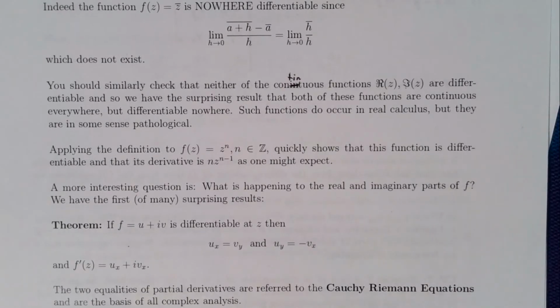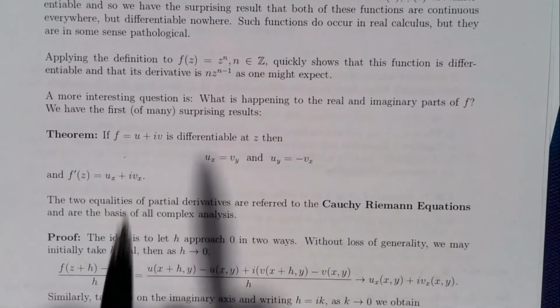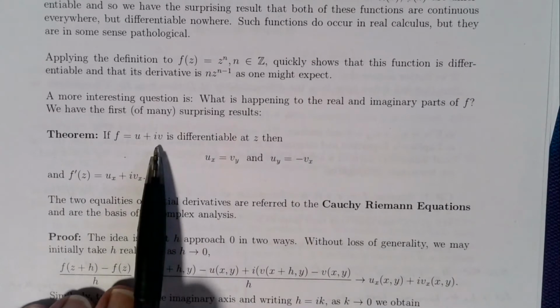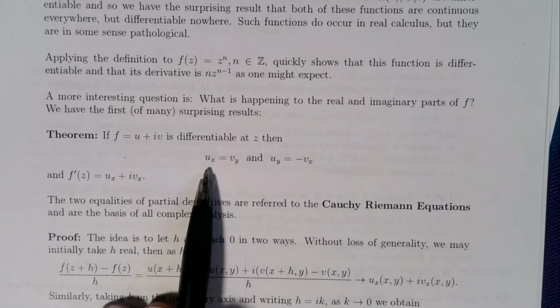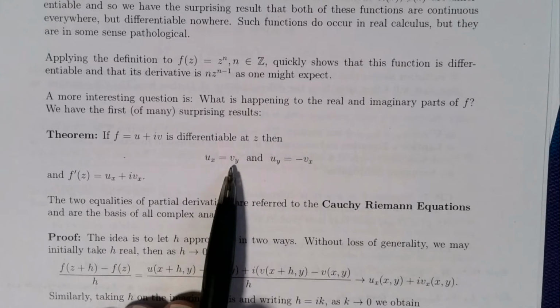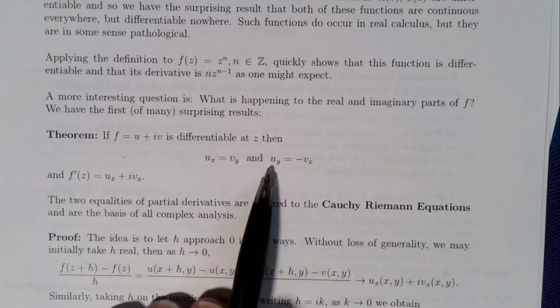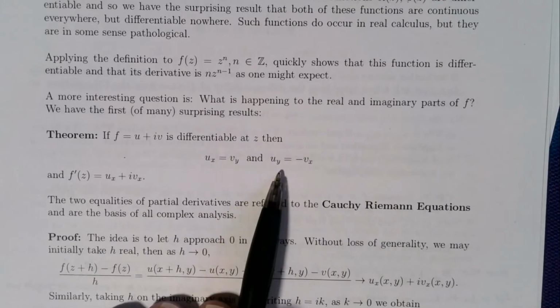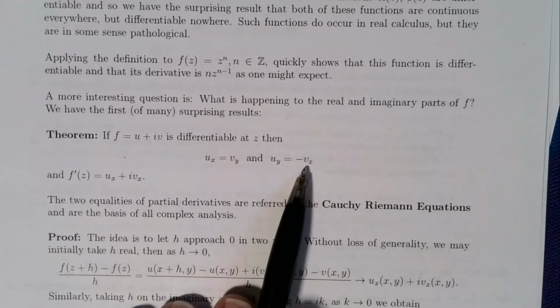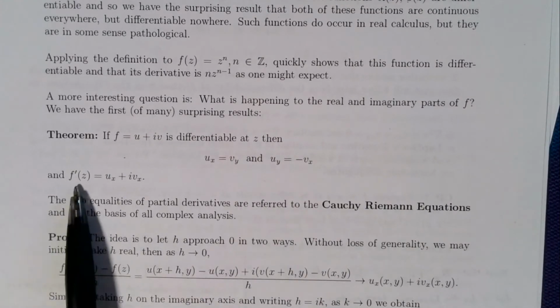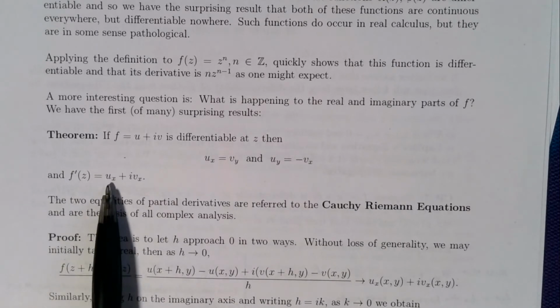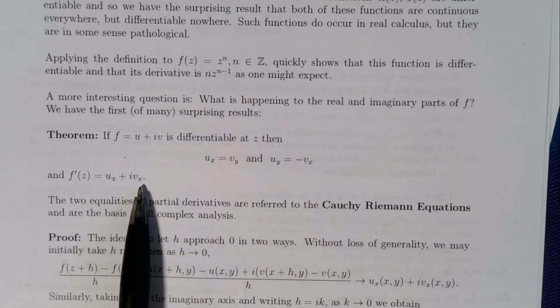And that is, if f equals u plus iv is a differentiable function at some point z, then the partial derivative of u with respect to x equals the partial derivative of v with respect to y, and the partial derivative of u with respect to y is minus the partial derivative of v with respect to x. Moreover, the derivative is simply given by u sub x, partial du dx, plus i partial dv dx.